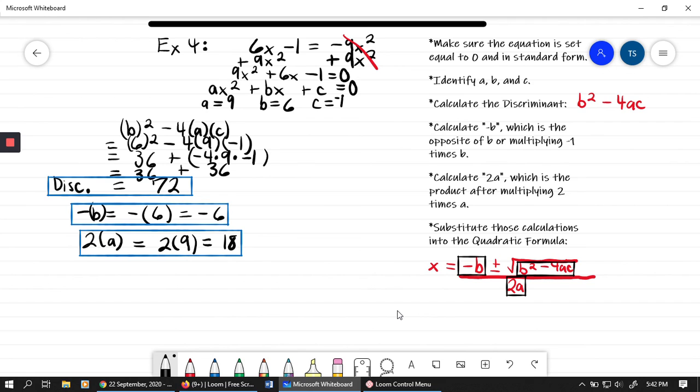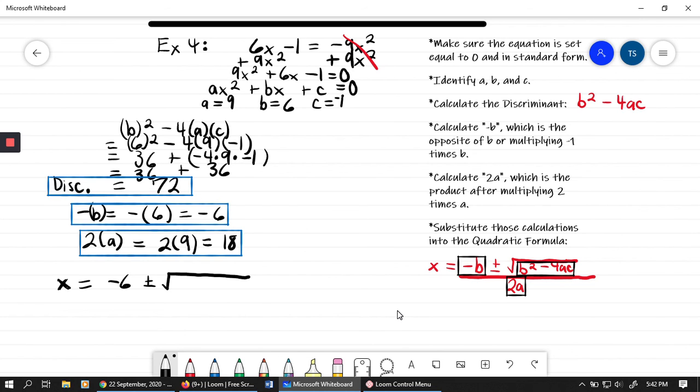Okay, so here, when we're plugging in these parts into the quadratic formula, let's go ahead and do that. Remember, the quadratic formula is x equals the opposite of b, so we calculated that to be -6, plus or minus the square root of the discriminant, which is 72.